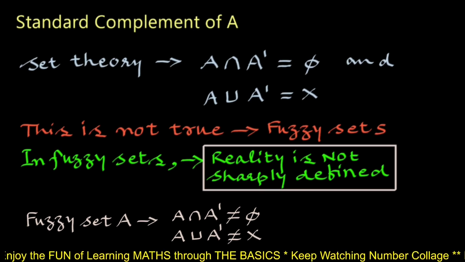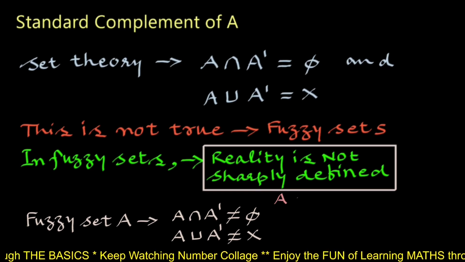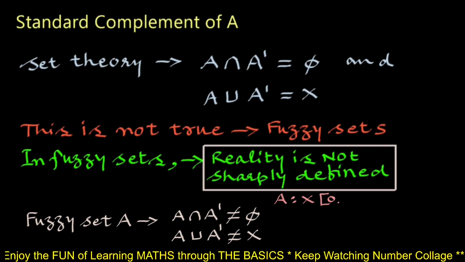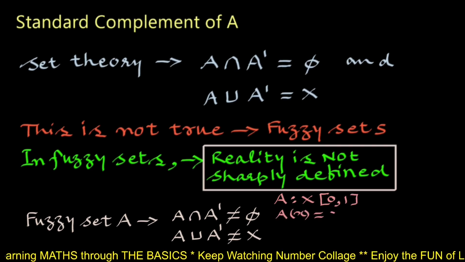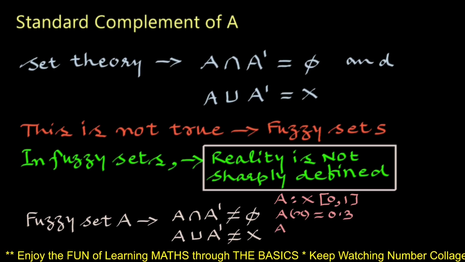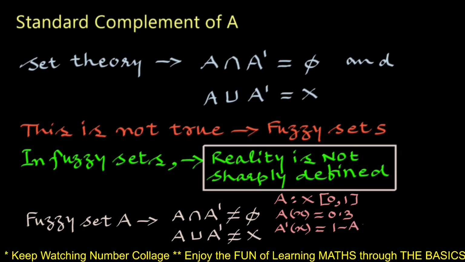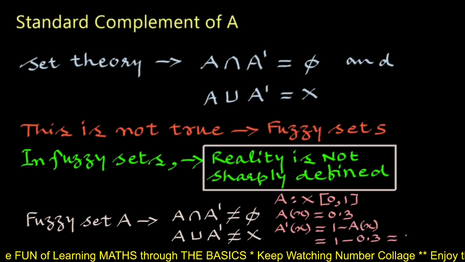This can be easily understood from a simple example. For a fuzzy set A defined on universal set X with grade values from 0 to 1, if A of X is 0.3, then according to the rule, A dash of X will be 1 minus A of X, 1 minus 0.3, 0.7.